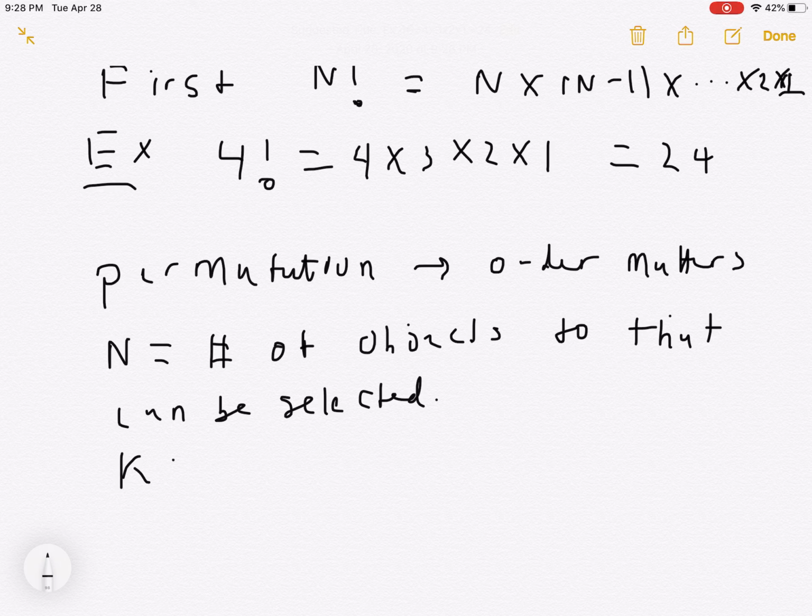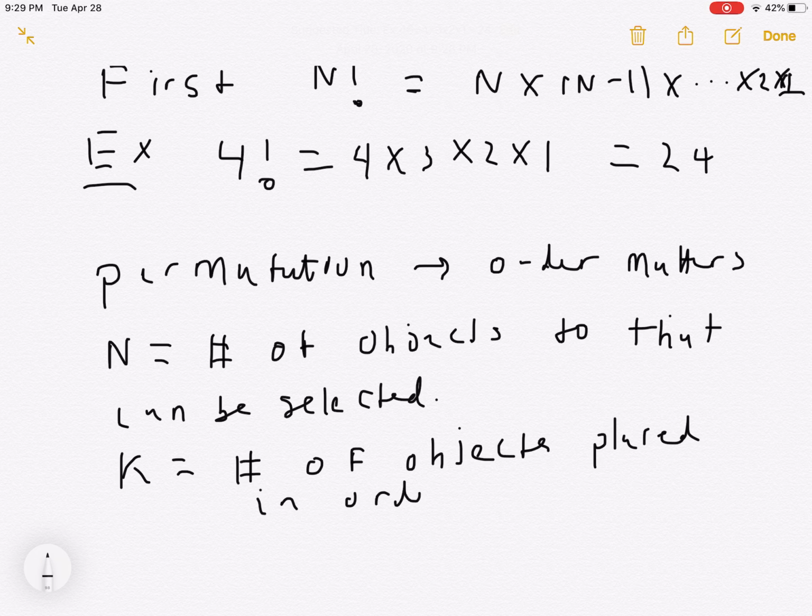And K is going to be the number of objects placed in order.